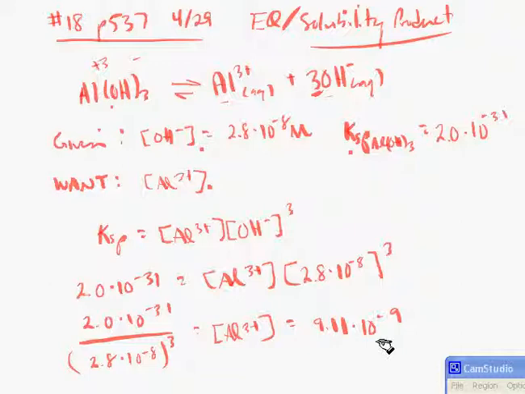Let me try that again. 9.11 times 10 to the minus 9, and we're going to multiply that by 2.8 times 10 to the minus 8 cubed is about 2 times 10 to the minus 31. So that checks. And so make sure I have my correct unit, and that checks.